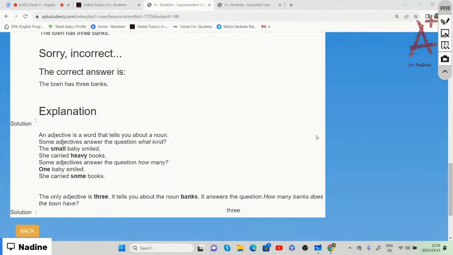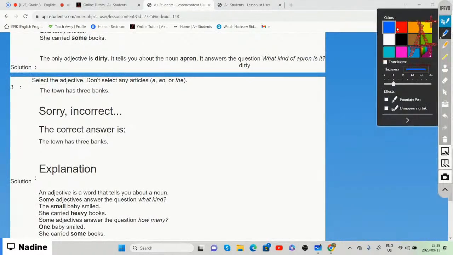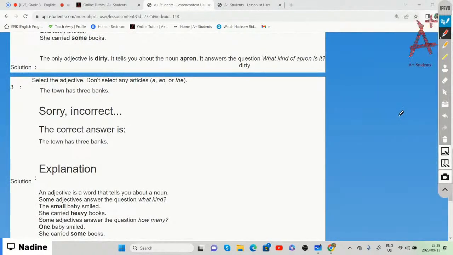The town has 3 banks. We need to select the adjective. We need to ask ourselves, does it tell us how many or does it tell us what kind?